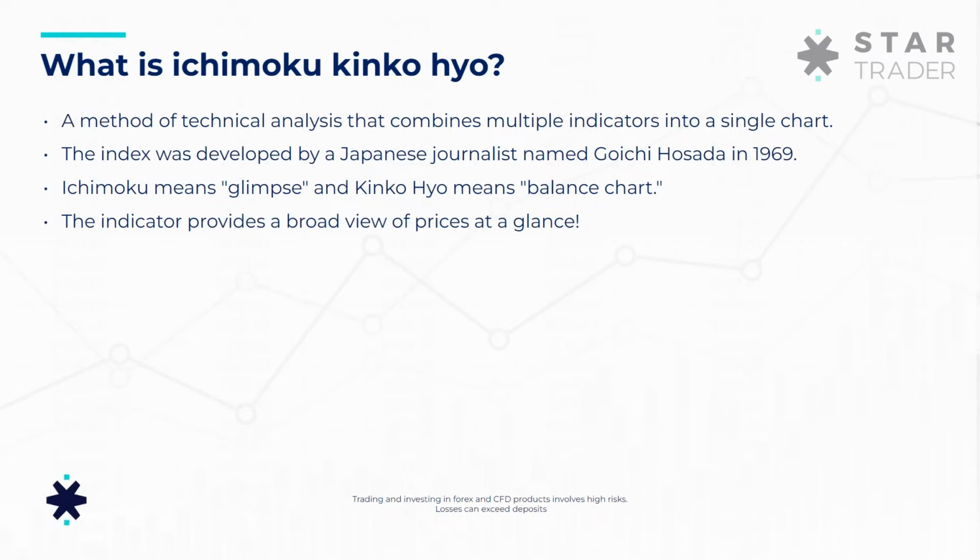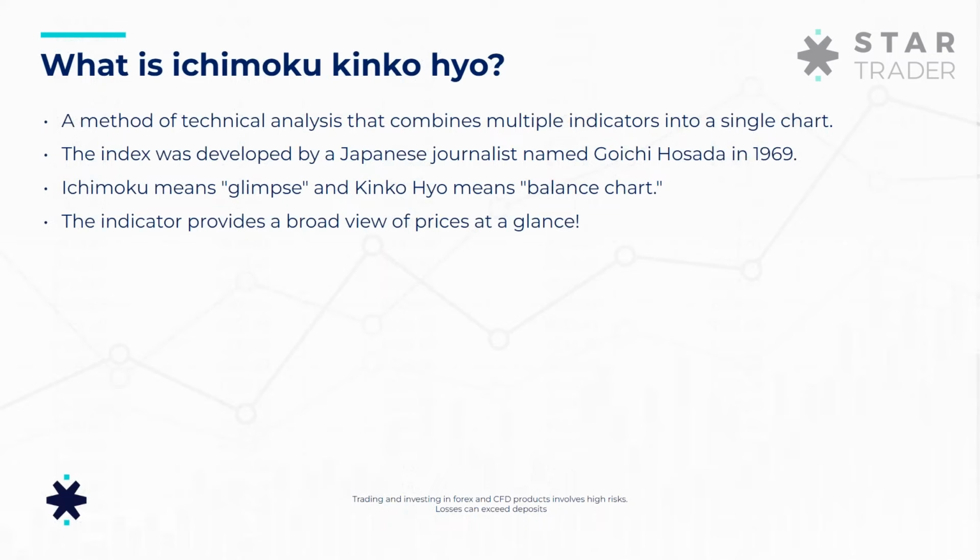Next, Ichimoku means glimpse, a combination, and Kinko means balanced chart. A balanced chart is your financial market charts, whether Forex, crypto or stocks. So basically, it is a glimpse of the balanced chart, a combination of your charts.